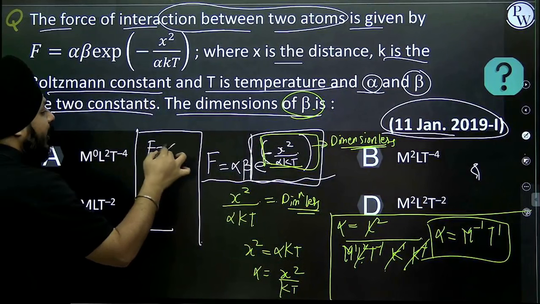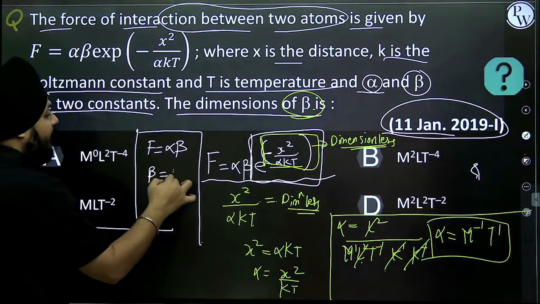So F is directly proportional to alpha beta, and beta will be F by alpha.